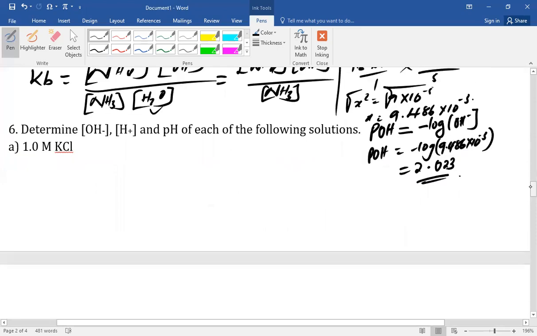Now, because we are asked to find the pH, not the pOH, we say that at 25 degrees Celsius, pH plus pOH is always equal to 14, because the pH scale is written from 1 up to 14.